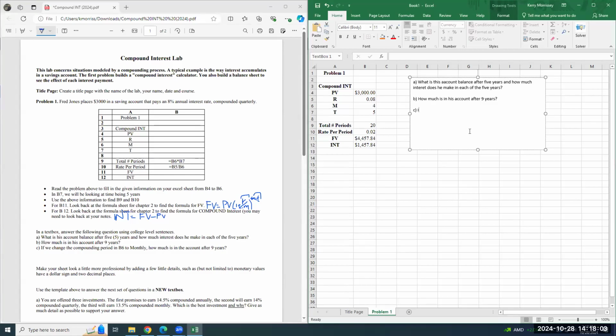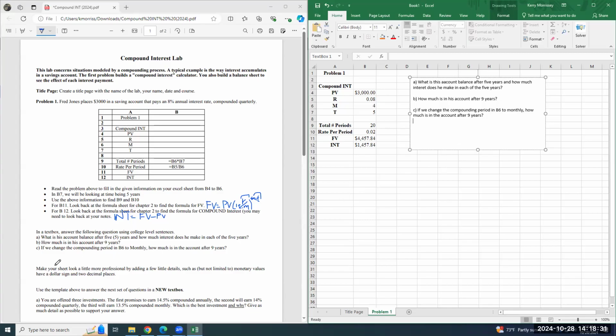And C, it says if we change the compounding period in B6 to monthly, how much is in the account after 9 years? So again, if you change now to a monthly compounded period, how much is in the account after 9 years?